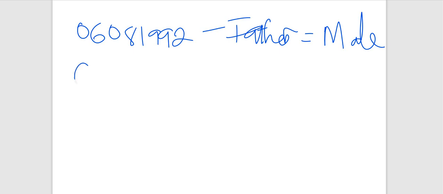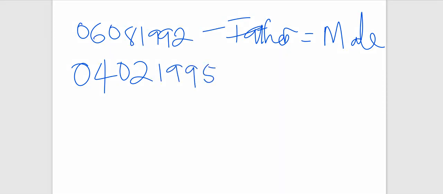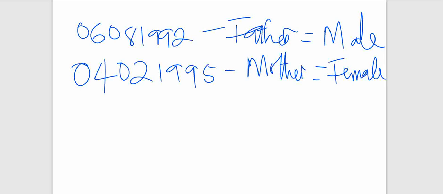And then we have 0, 4, 0, 2, 1, 9, 9, 5. This is the mother, which represents the female in that family. Are we together?